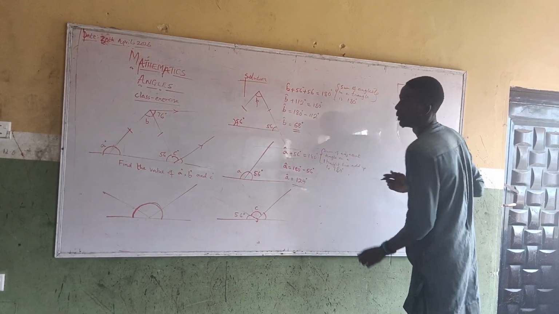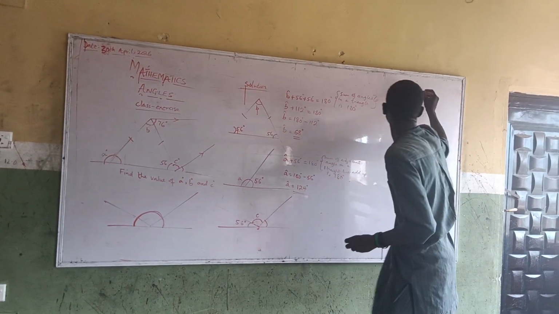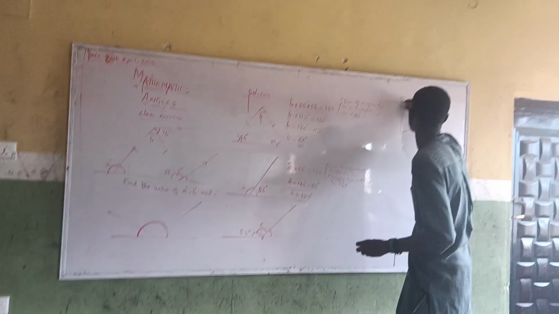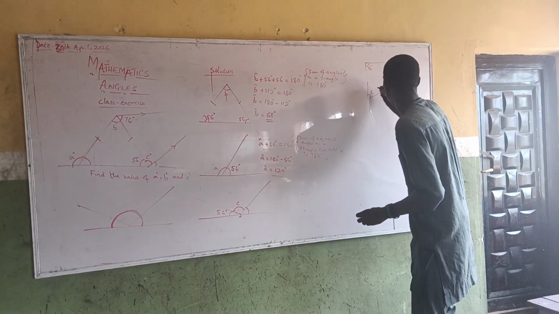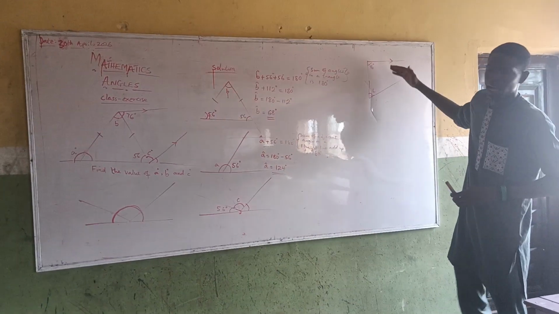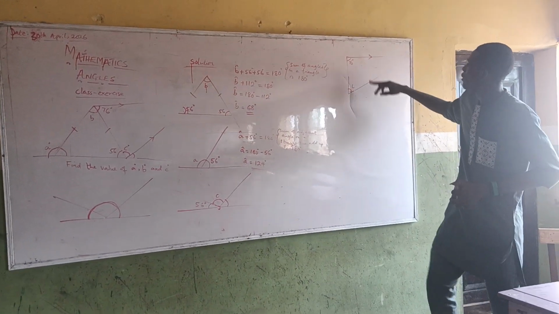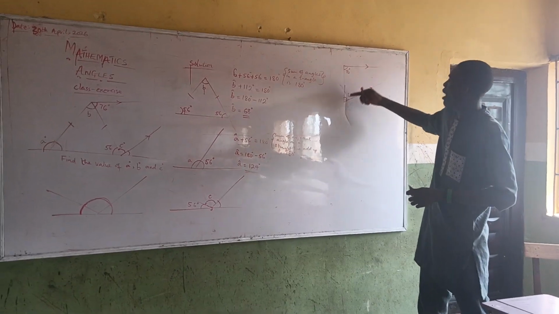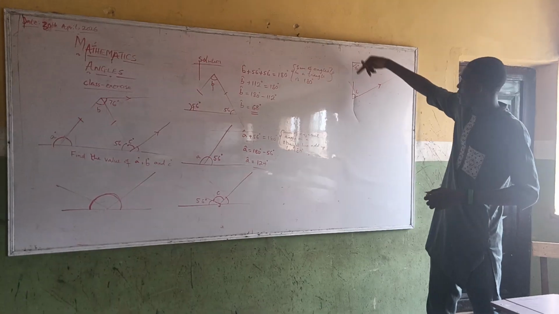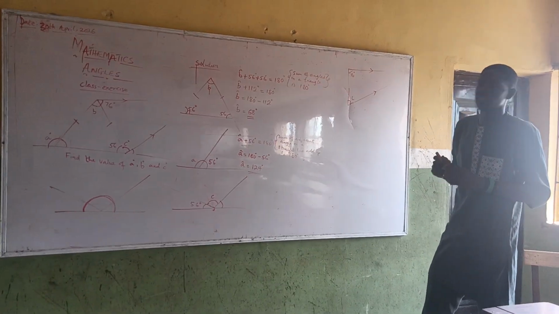Okay? Now, that angle there is 76 degrees. And this is C. When you have a parallel line and a transversal, these two angles here, inside this diagram, facing each other are called co-interior angles.